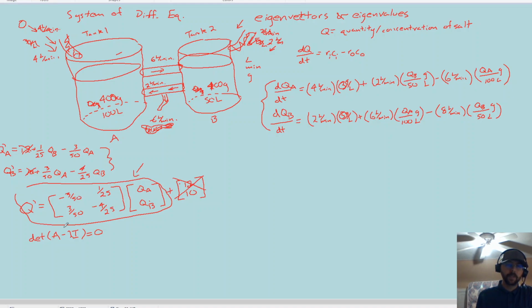And we do that. We find this first though, so it's going to be negative 3 over 50 minus lambda times negative 4 over 25 minus lambda. I really wish these were better numbers.